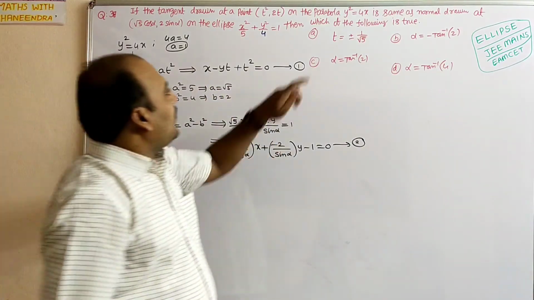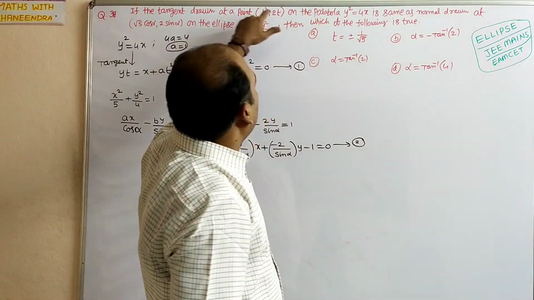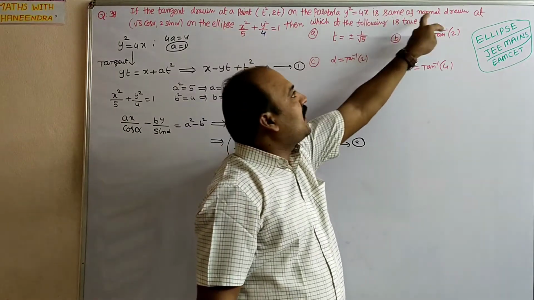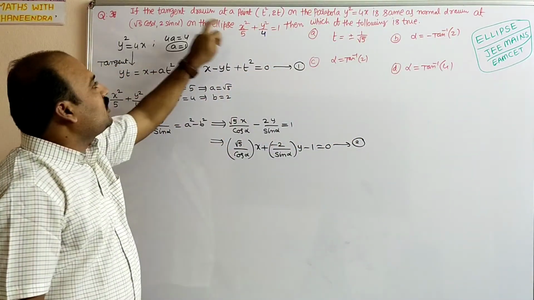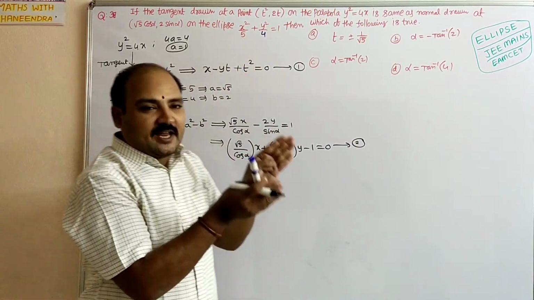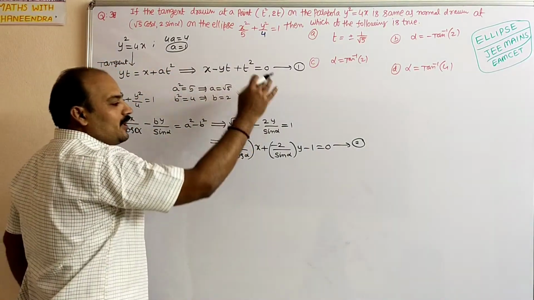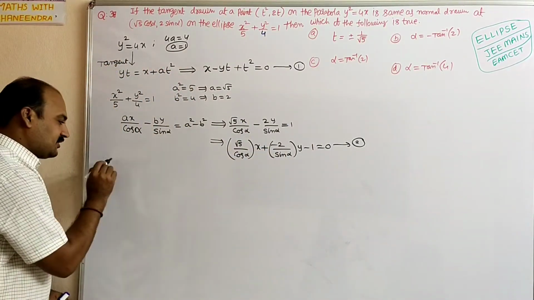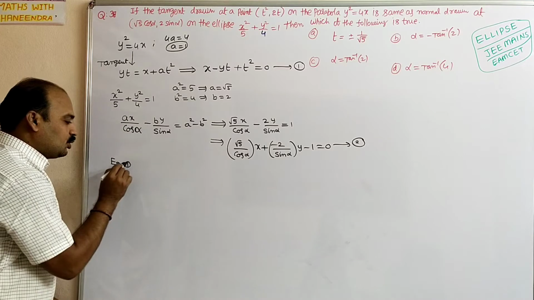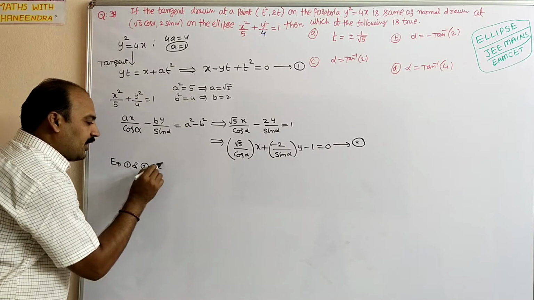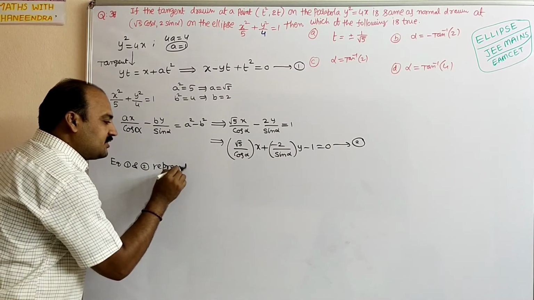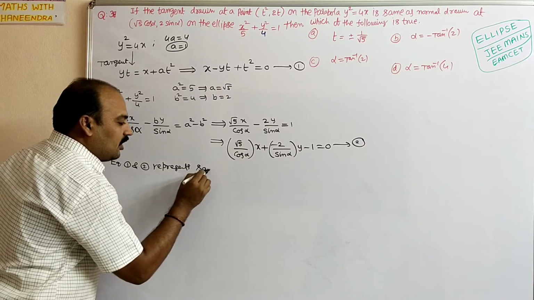They are saying that the equation of tangent at this point to the parabola is the same as the normal at this point to the ellipse. So equation 1 and equation 2 represent the same line.